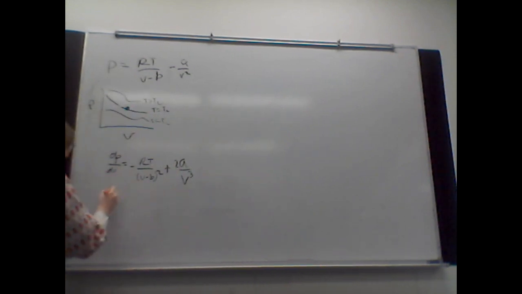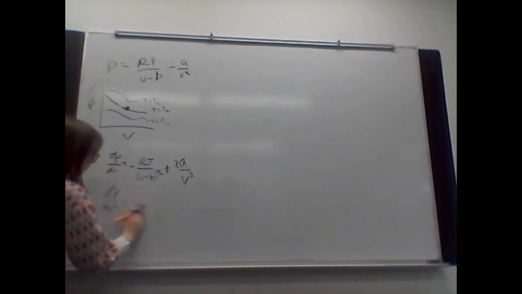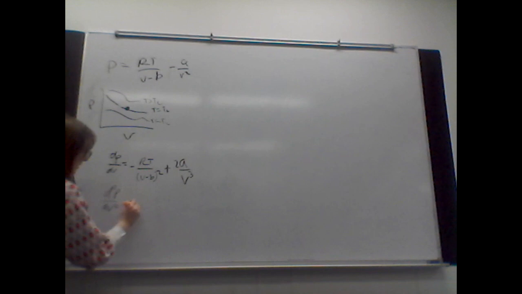And then for our second derivative, let's take the derivative with respect to V, so RT, and then that one brings a 2 to the top. I'm going to move this over so we can get the negative.